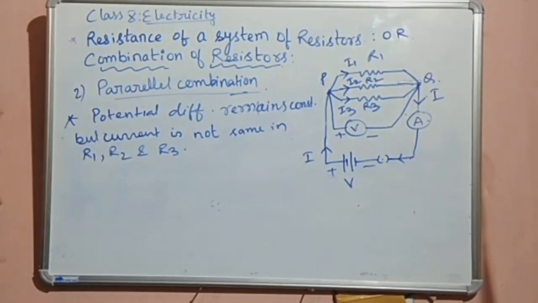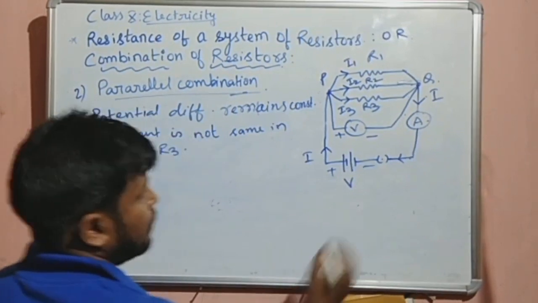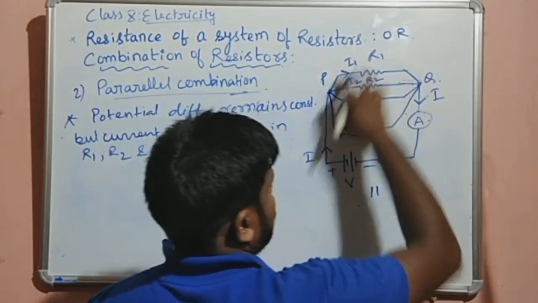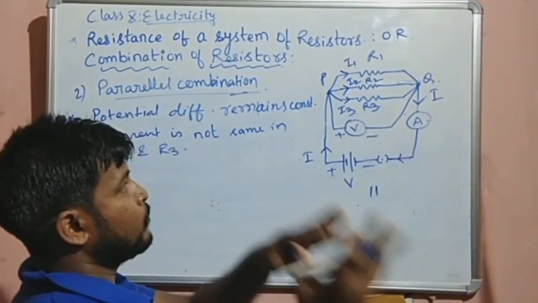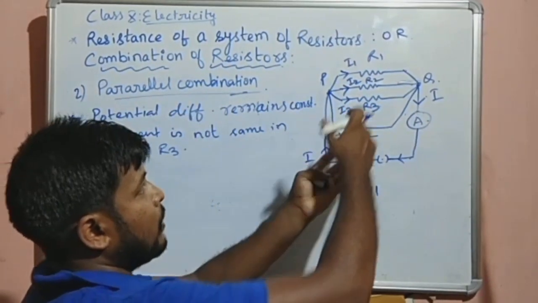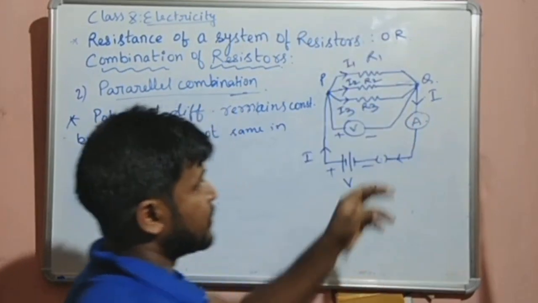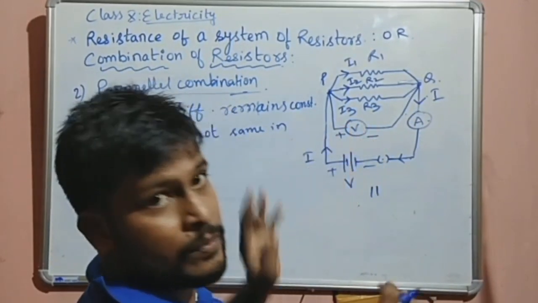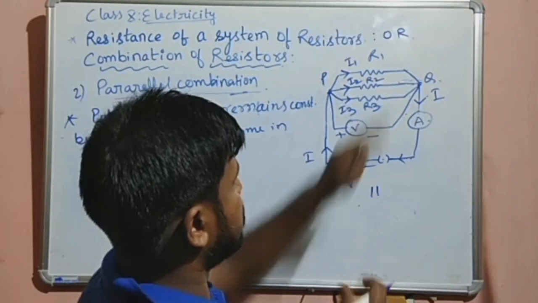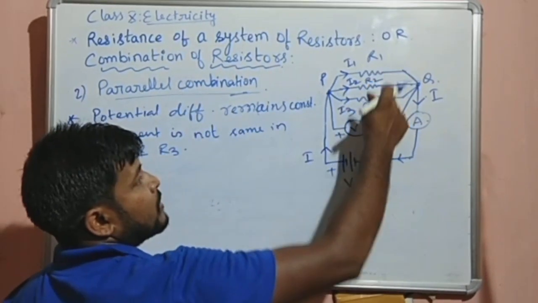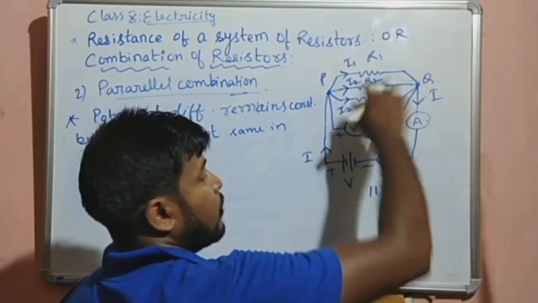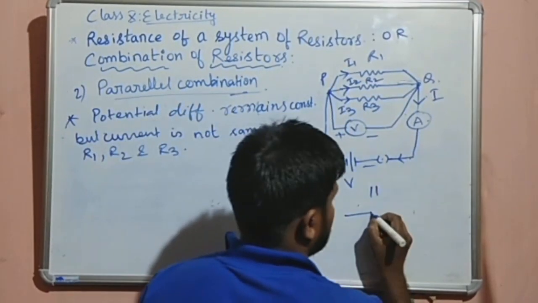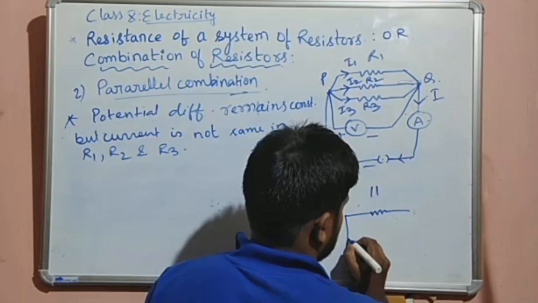So what we do here is make an equivalent circuit. If I take R1, R2 and R3 and put a resistance of the sum of the three, R1 plus R2 plus R3, say 1 plus 2 plus 3, that is 6 ohm, I put one resistor alone here.